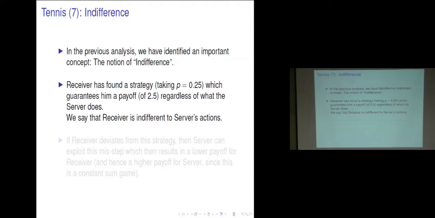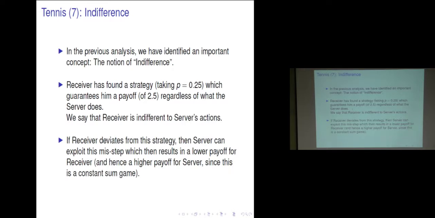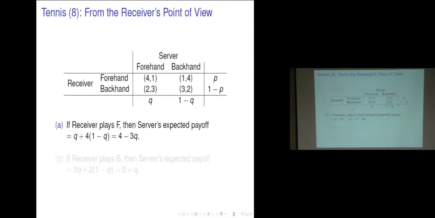So we say that the receiver is indifferent to the server's actions. I'm just repeating myself. Now, if the receiver deviates from this strategy, then the server can exploit this misstep, which results in a lower payoff for the receiver. So it's not balanced.